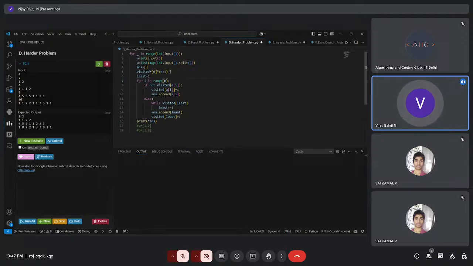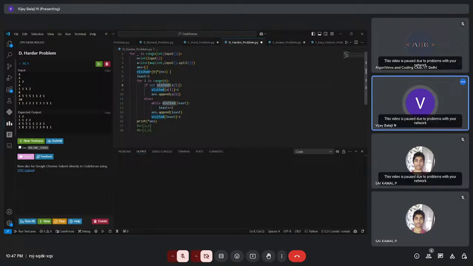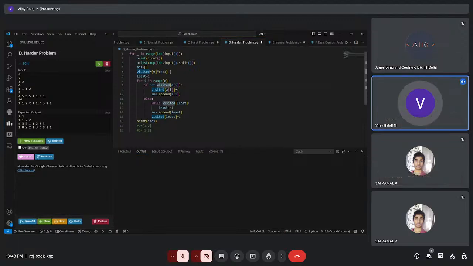Now I am iterating through a for loop of length n. If the current Ai is the mode that we want, and Ai has not been visited, that means Ai is not already present in B, then we visit Ai and add it to the answer list, which is our final B.